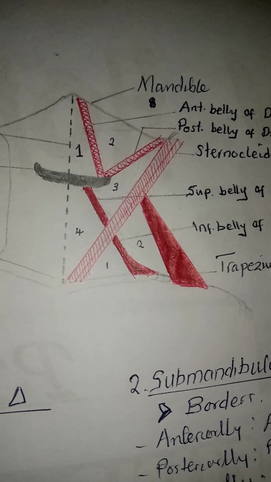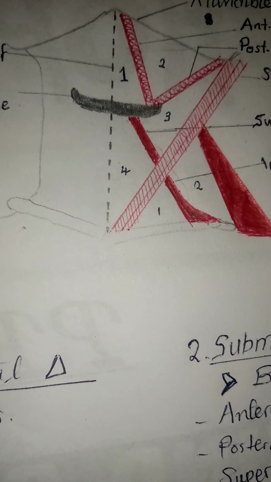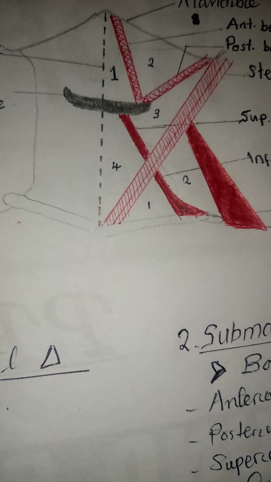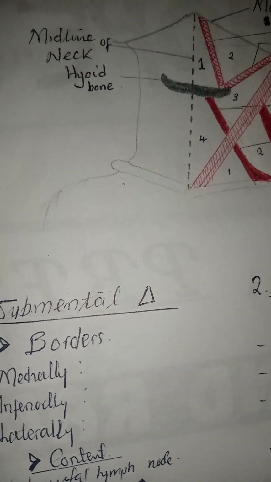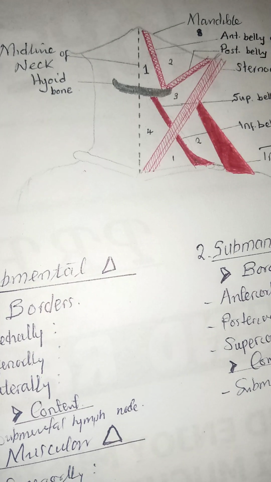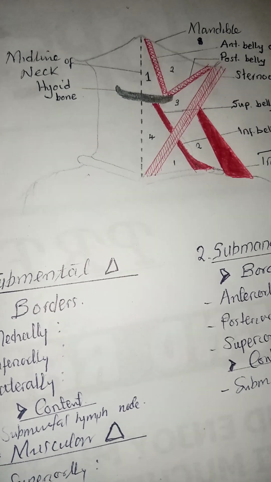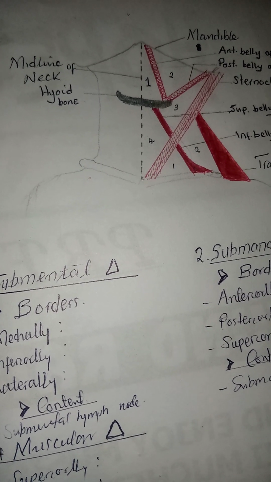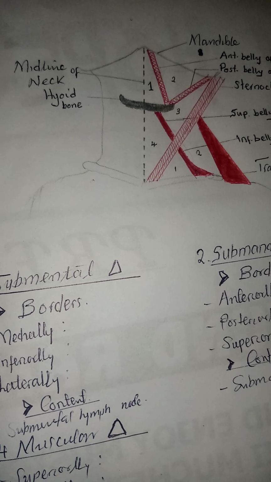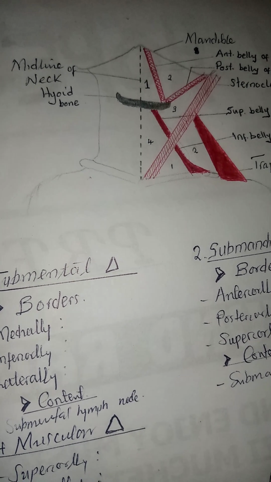We go to the content. If I'm going to give you just one main content of this triangle, it is basically the infrahyoid muscles. However, you can also find the parotid, the thyroid gland, and the larynx in this triangle.